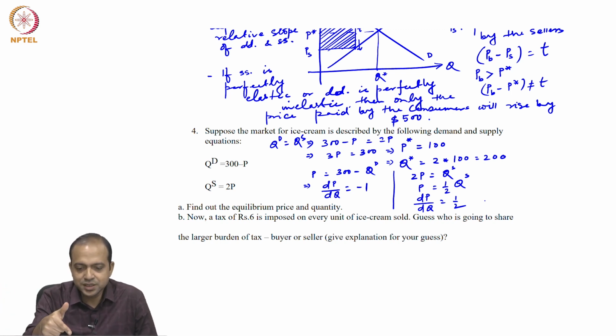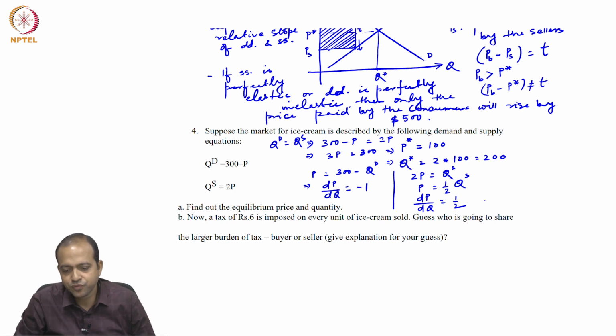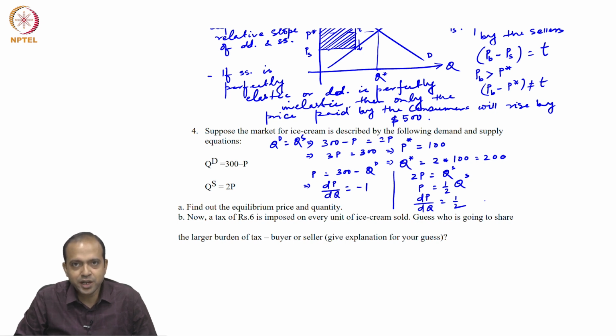Since the slope here, look at the slope of the demand curve is 1, but the slope of the supply curve is half.